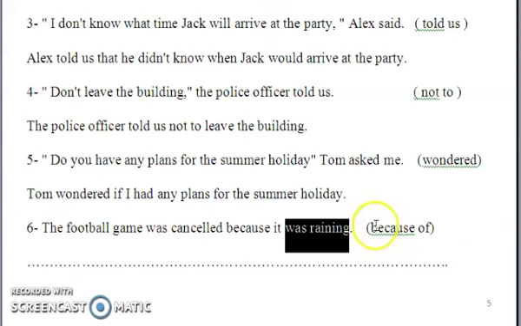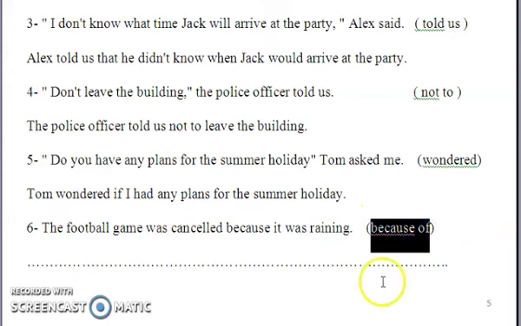But after because of, I can get a noun or a gerund. A gerund means verb plus ing only, which I also use as a noun. So here I will change because with because of, and after it I must use a noun instead of it was raining.